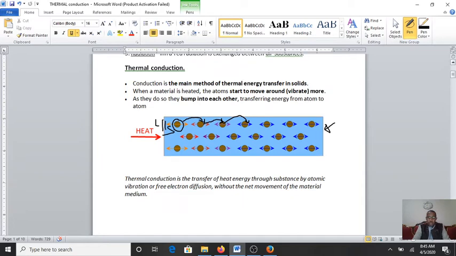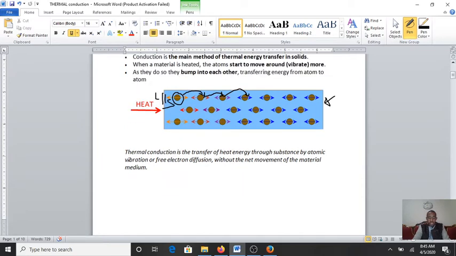So thermal conduction, here is our definition, is the transfer of heat energy through a substance by atomic vibrations or free electron diffusion without the net movement of the material. If you look at this definition, we are saying heat is transferred by atomic vibrations.